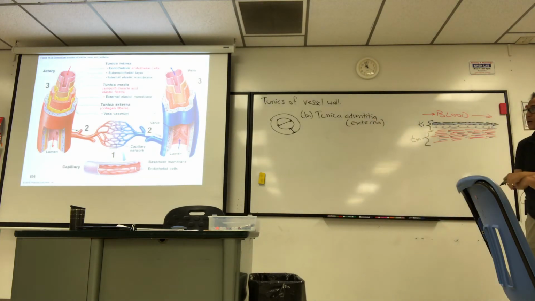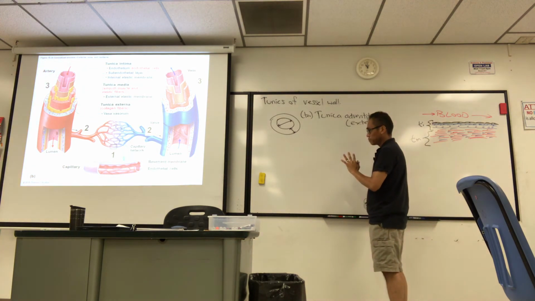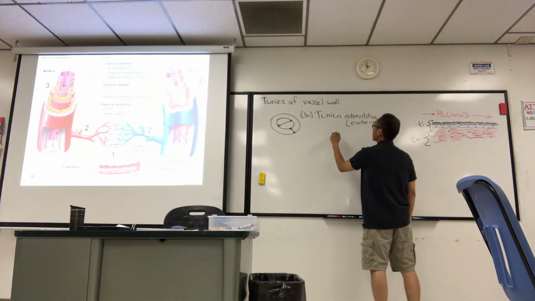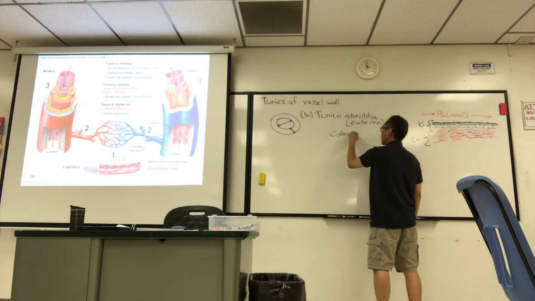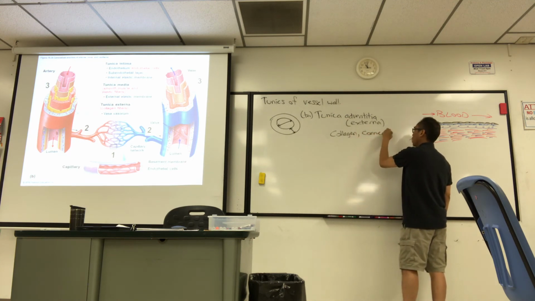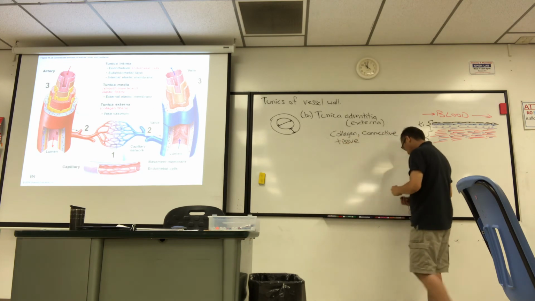Okay. It's kind of like an overcoat. It just kind of keeps the blood vessel contained and attached within the body region. Okay. It's comprised of collagenous connective tissue. I'll just say connective tissue basically.